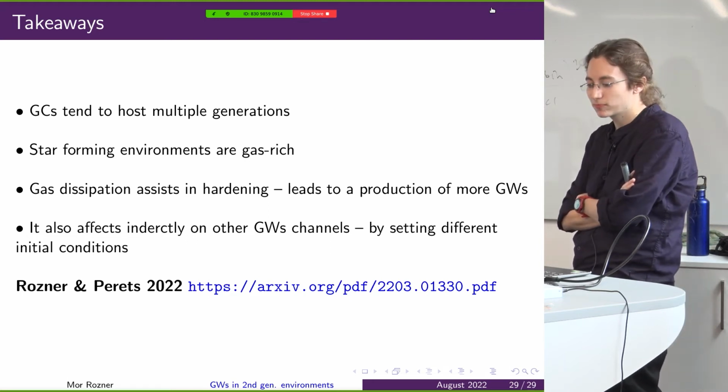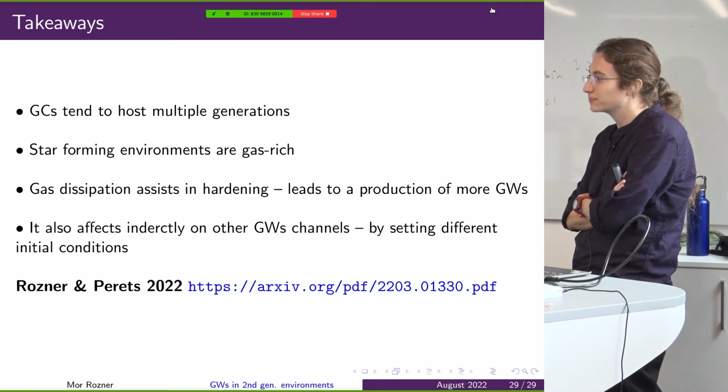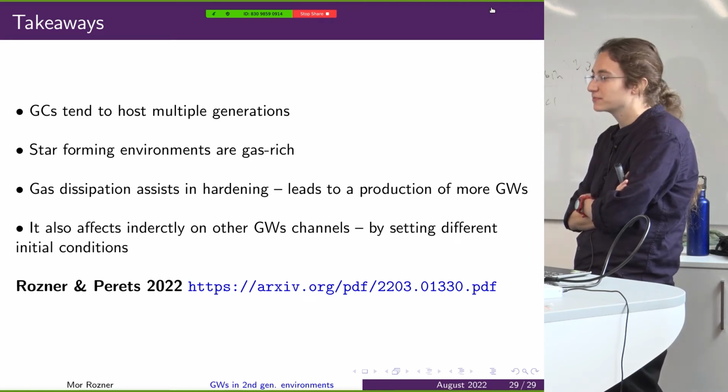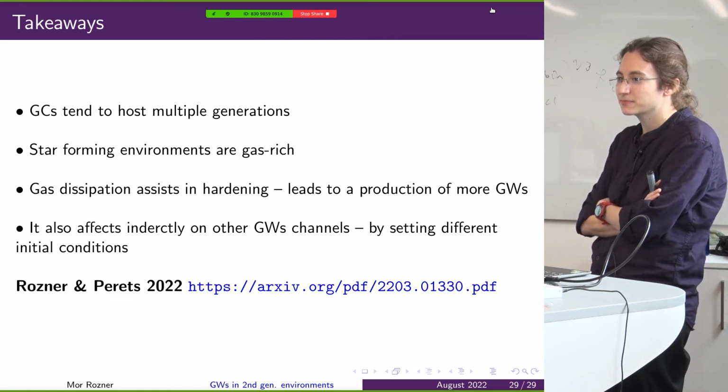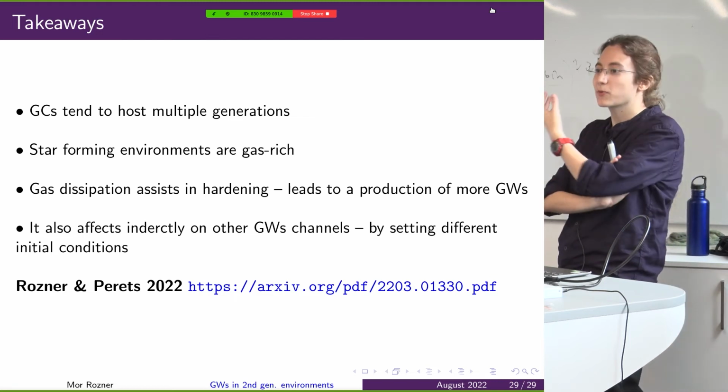Okay. Any questions on that? Can you maybe comment... Sorry. Just wondering if you had any sense of what fraction of the current population of gravitational waves might come from this channel. It really depends on the amount of gas that you had.